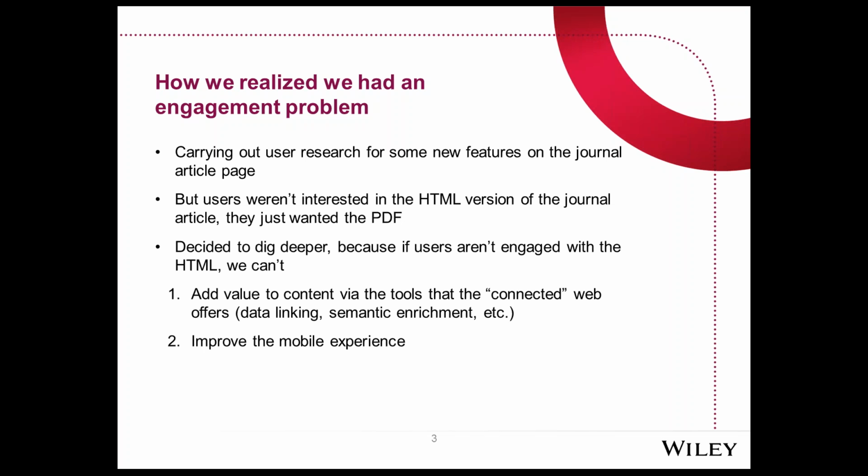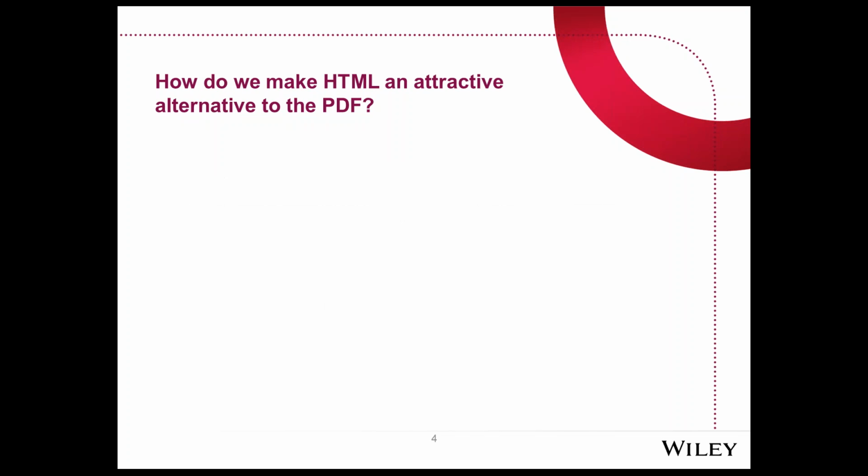And we also can't improve the mobile experiences, which, even back then, was becoming more and more of an important part of the researcher's workflow. So we asked ourselves, how can we essentially rival and replace the PDF? What can we do to make the HTML an attractive alternative to the PDF to engage users and give them the opportunity to take advantage of that content?